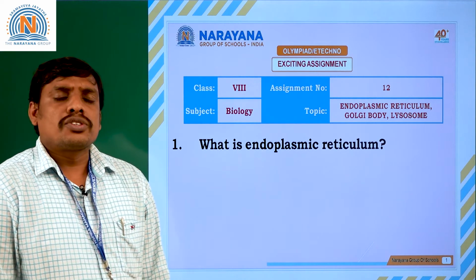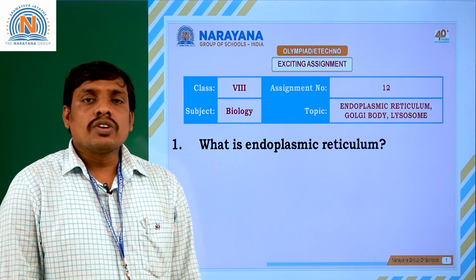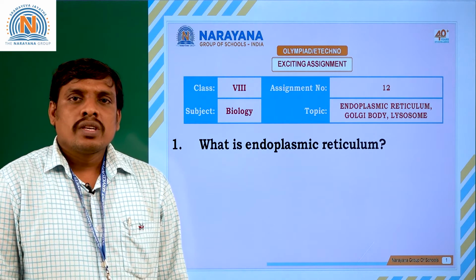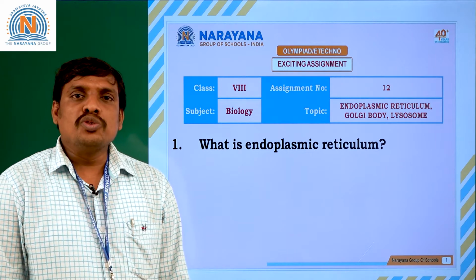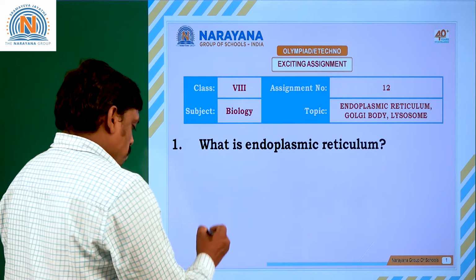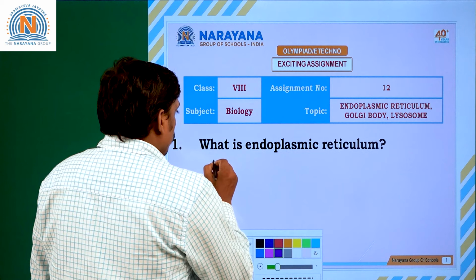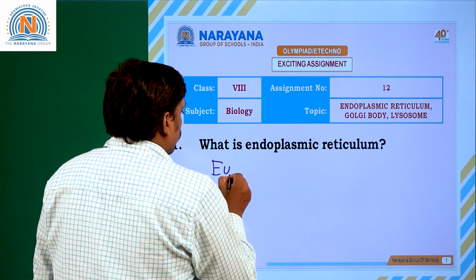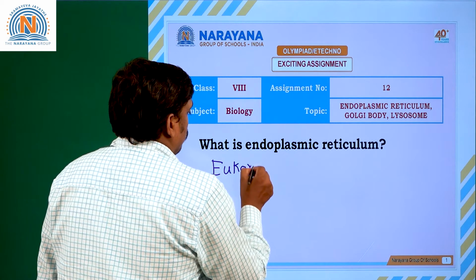There is a network of tubules, or tube-like structures, seen in the cytoplasm of eukaryotic cells. The endoplasmic reticulum is seen in eukaryotic cells.